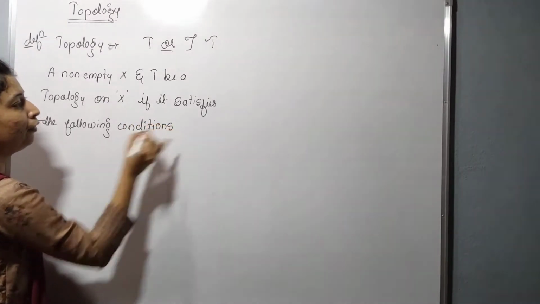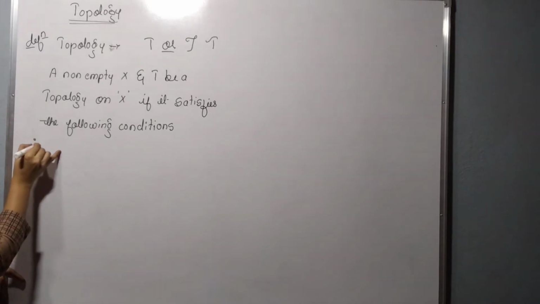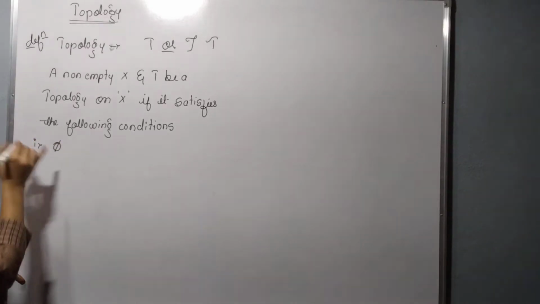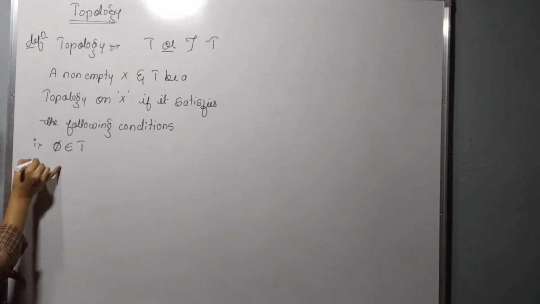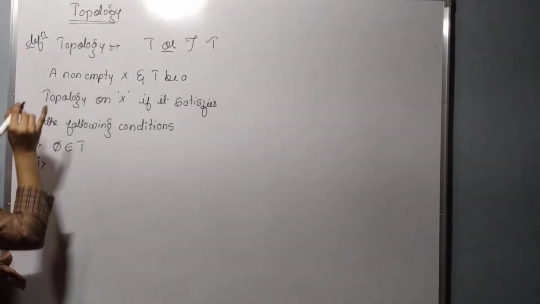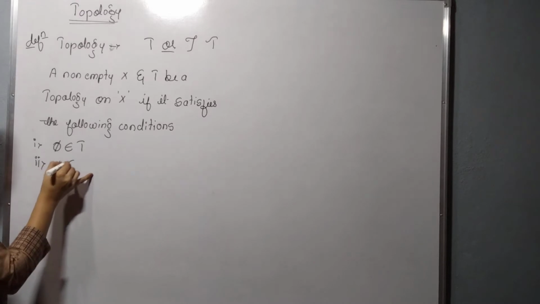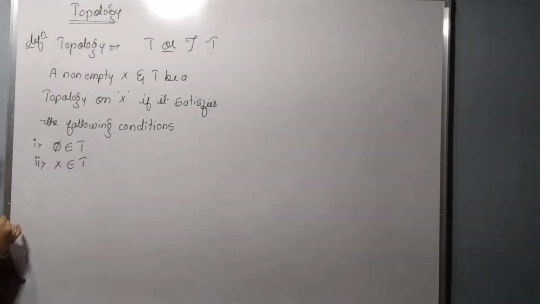The conditions are: first condition is empty set, that is null set belongs to tau. Second condition, the given non-empty set, that is X, also belongs to tau.